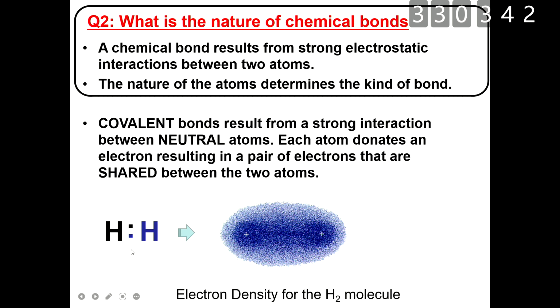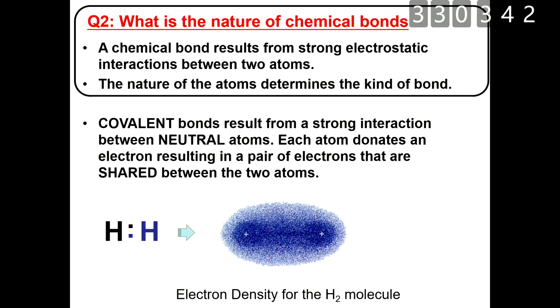For example, hydrogen: each one provides one electron to the other, so they share these two electrons. This means these two hydrogen atoms can stay together to form the H2 molecule.